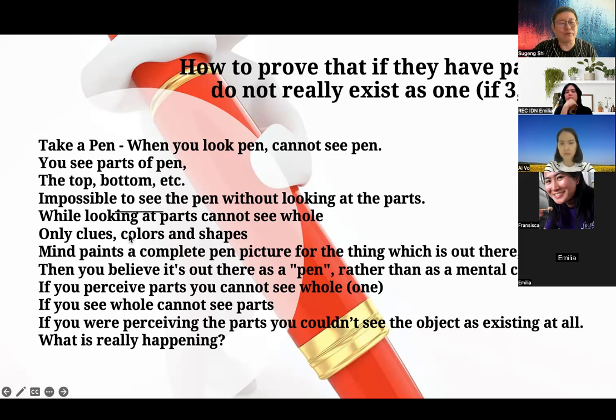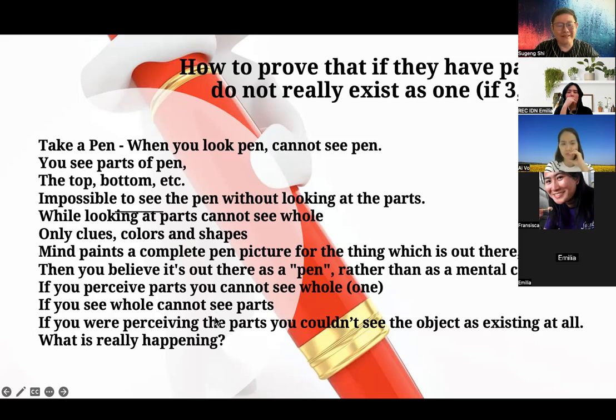You only see some clues, colors, shapes. And based on the parts, our mind then paints a complete picture of the pen for whatever is out there, right? And you believe it's a pen out there. And you forget that it is just your mental construct. So if you see parts, you cannot see the whole.